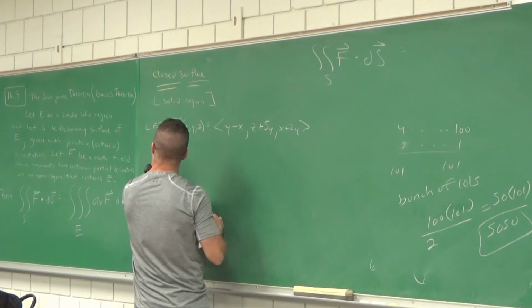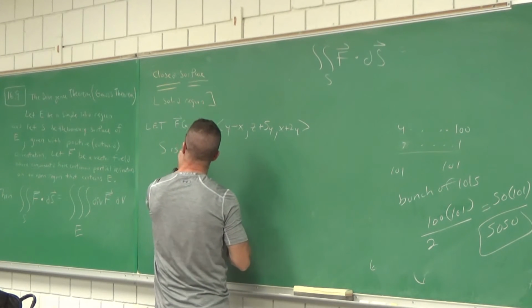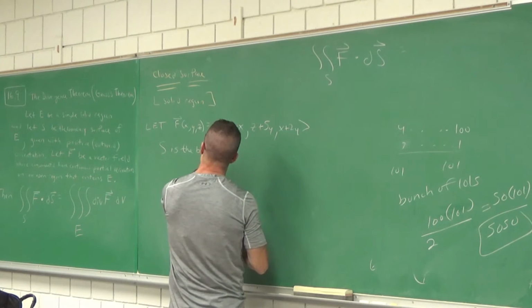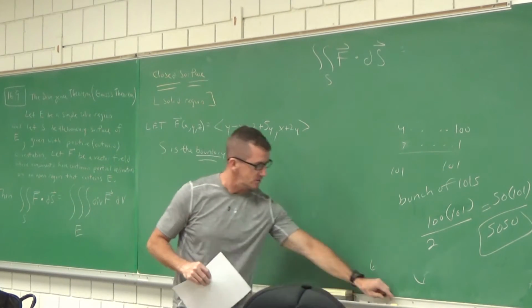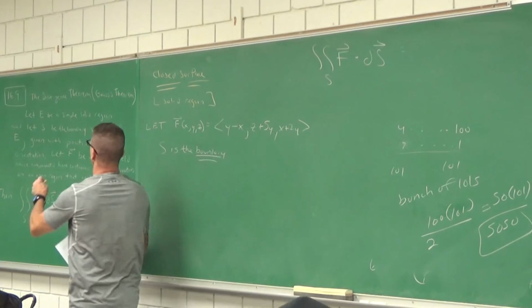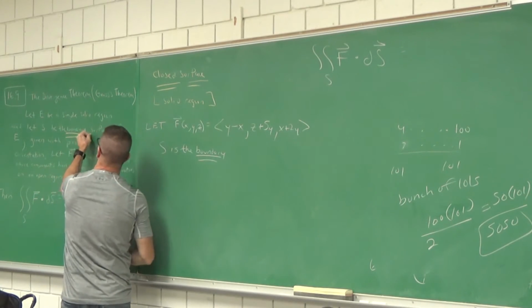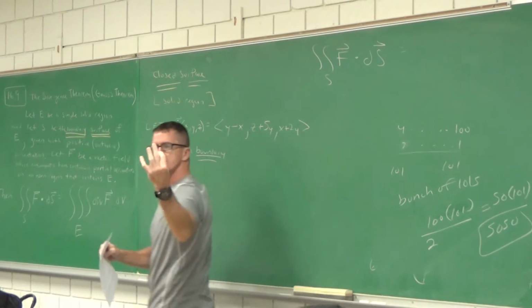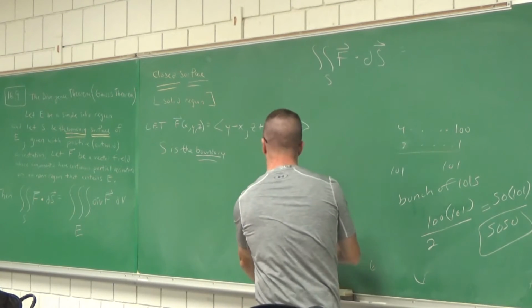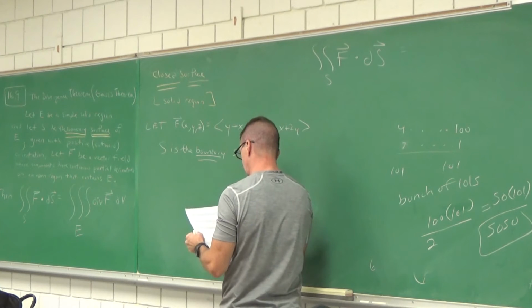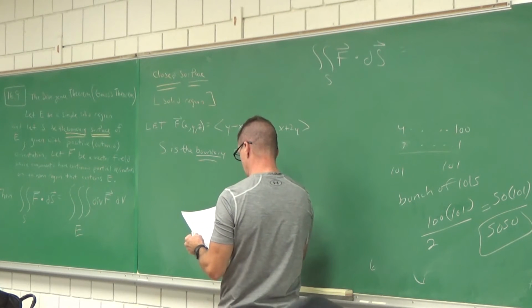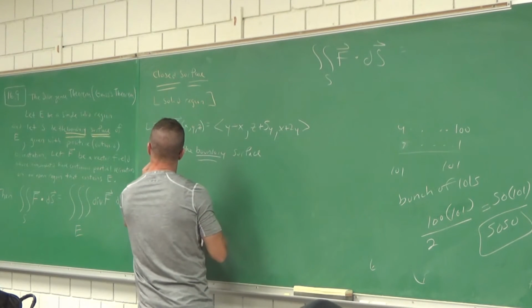Okay. What's S? S is the boundary surface. So this is what I mean when they say boundary surface. I want to highlight it in my theorem over here, where I wrote all this out. That's the one we're considering to be a closed surface. It's the boundary surface of this solid, or the box.